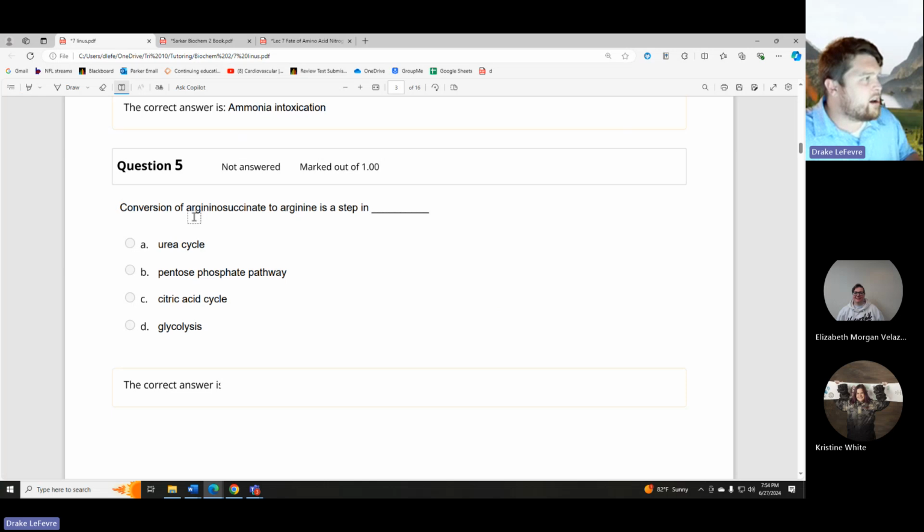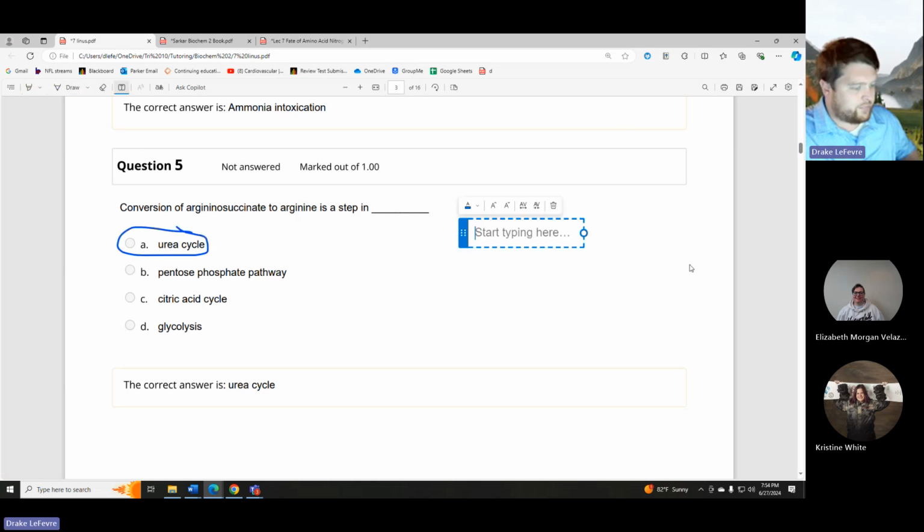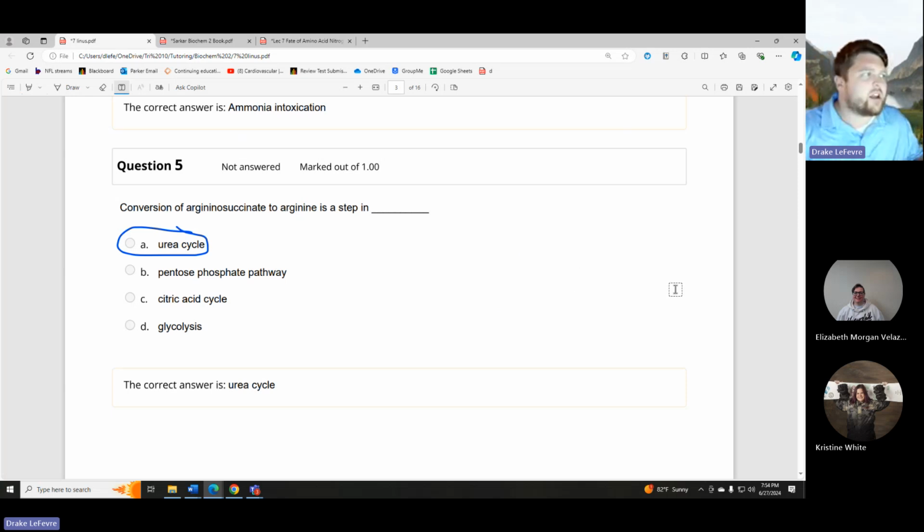Okay, conversion of arginosuccinate to arginine is a step in which of the following? This one we just saw. We have the urea cycle. With the urea cycle, we start off at the very, very beginning, before the actual loop part of it.